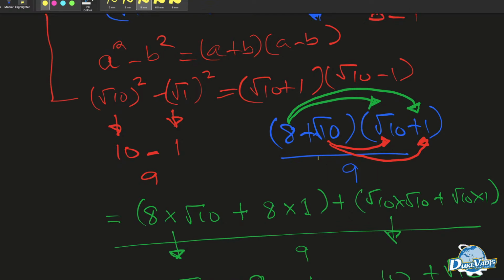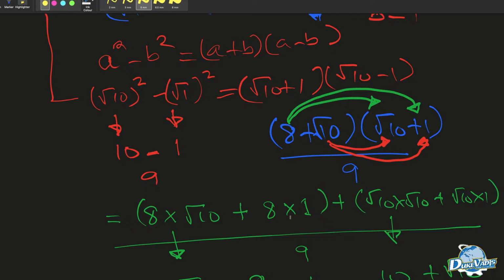Okay, now the numerator is what we have to compute. And as I've illustrated, you pick the 8 and multiply the 8 by root 10. After that, the same 8 will go and multiply the 1. So 8 multiply root 10, I wrote it here. And 8 multiplied 1, I wrote it here.